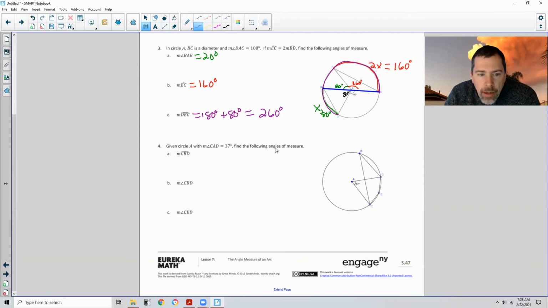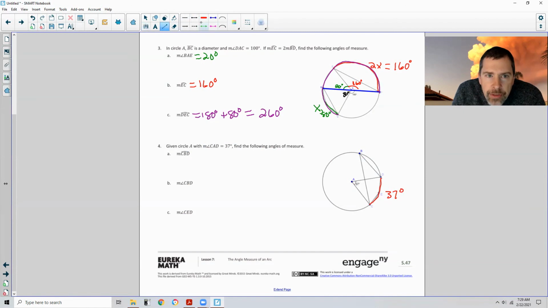Okay, number 4. Given circle A with the measure of angle CAD 37 degrees, they labeled it for us. Find the following angle measures. I don't even look at this. I just try to answer all the questions first. It's good practice. So first thing I'm going to do is look at this minor arc, and it's equal to the central angle. So that's 37 degrees.